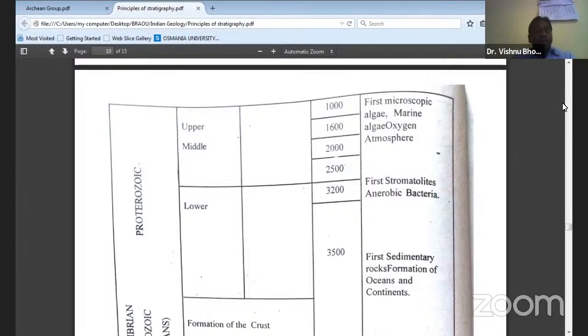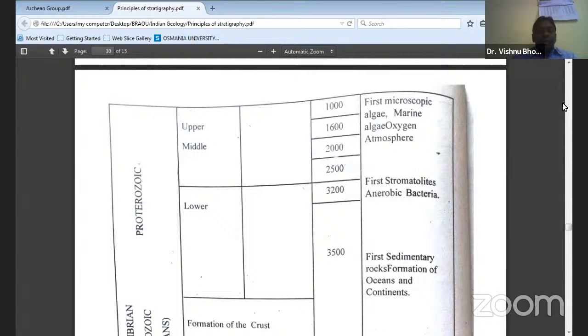Again, the Proterozoic is divided into three parts: the first is lower, the second is middle, and the third is upper. The lower Proterozoic started from 3,500 million years. The first sedimentary rock formations were seen, consisting of oceans and other continents. And slowly the development started.